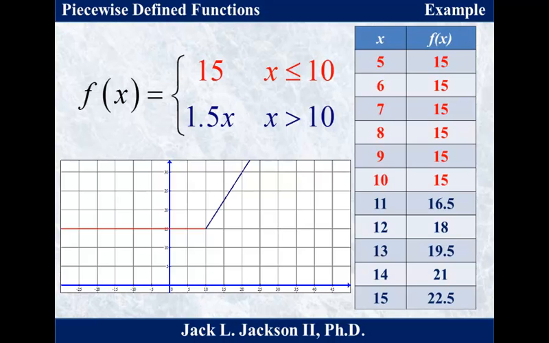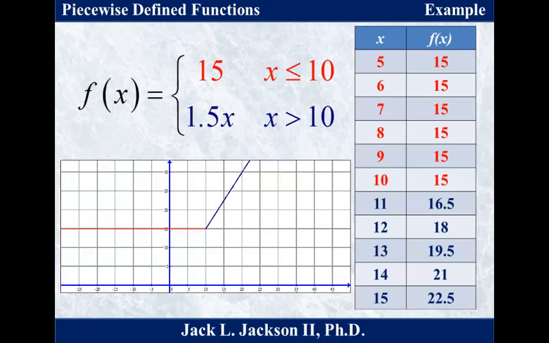Notice this blue part doesn't stop at 11, 16.5. There are values to the left of that still in the blue part. For example, if I plug in 10.5 for x, it is going to go by that blue formula, so it's still part of that blue line.